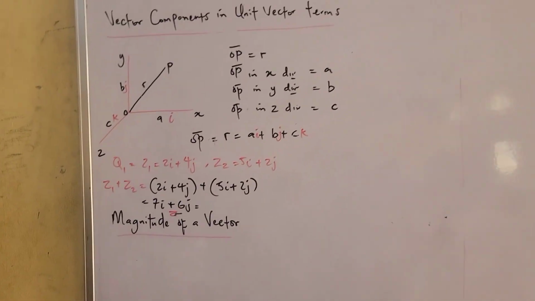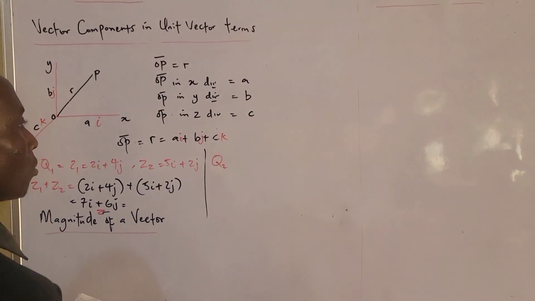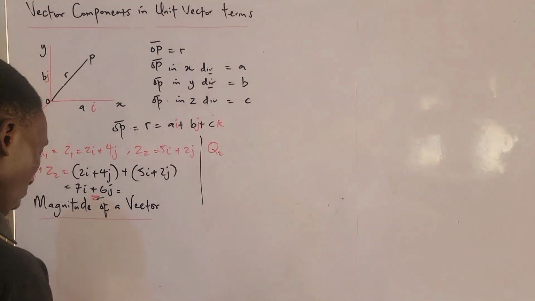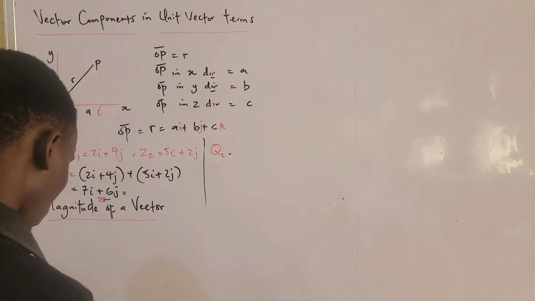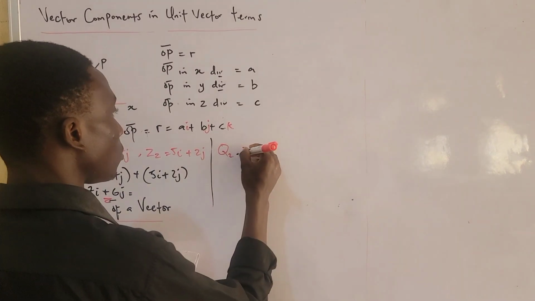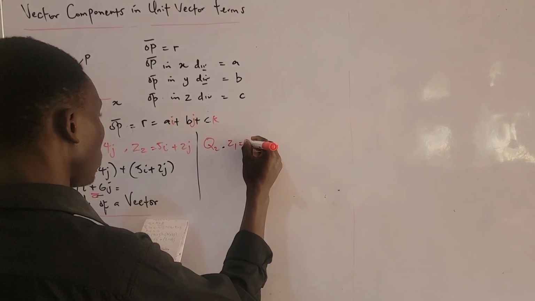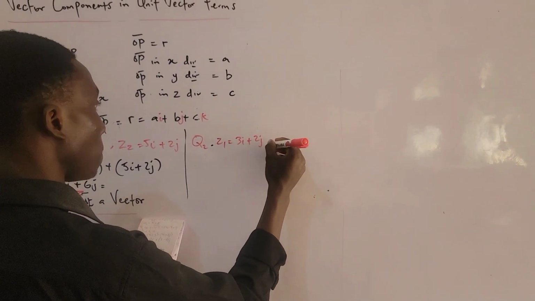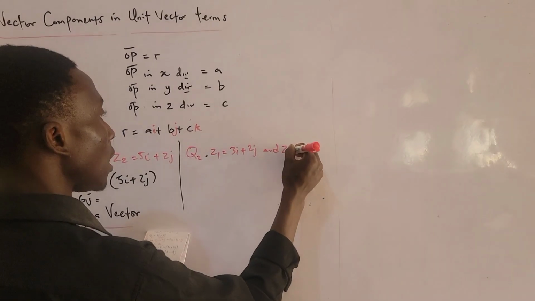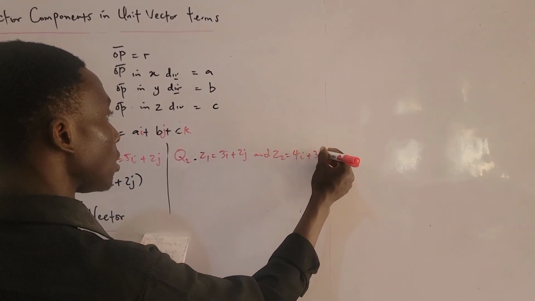Let's take another example. We have another question 2. Let's say we have Z1 equals 3i plus 2j, and Z2 as 4i plus 3j.